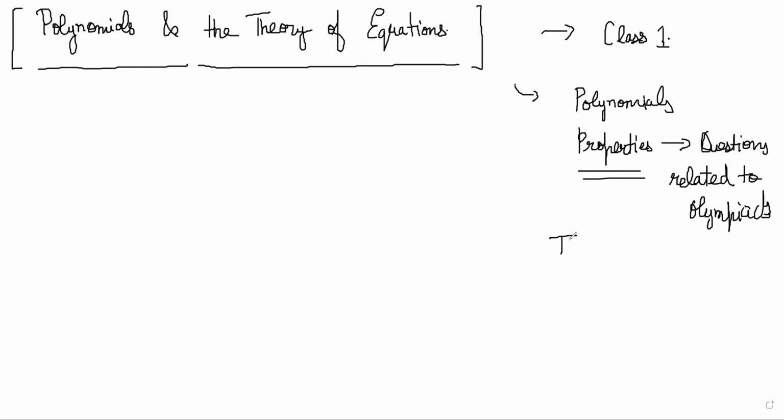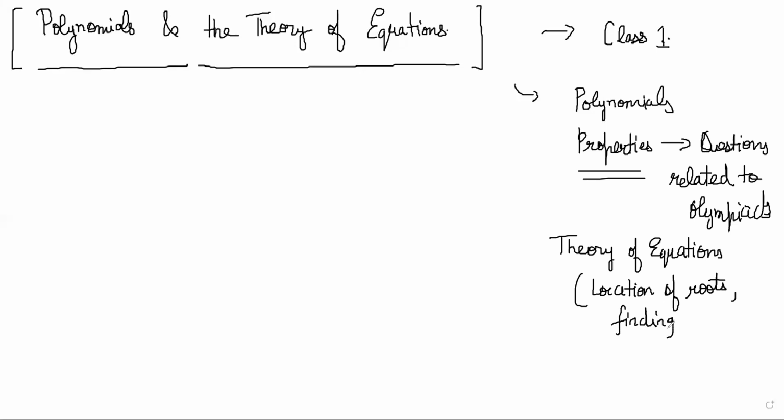Then we'll go on to the theory of equations, which is basically how to solve location of roots, finding roots for equations, and solving higher degree equations, third degree, fourth degree equations.